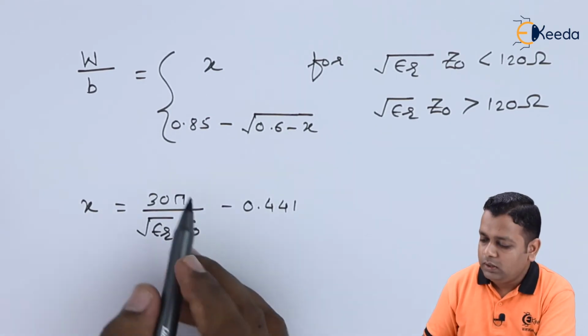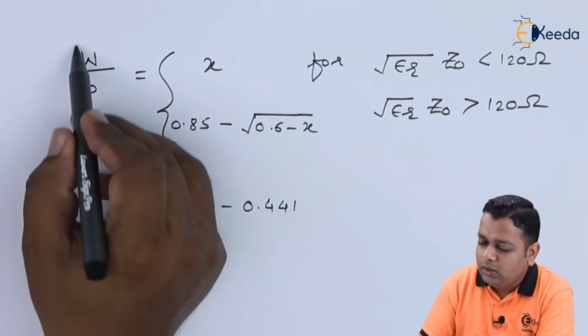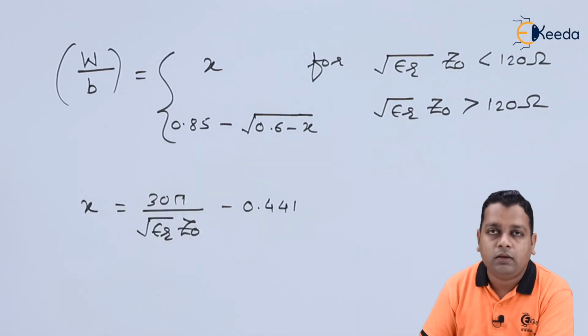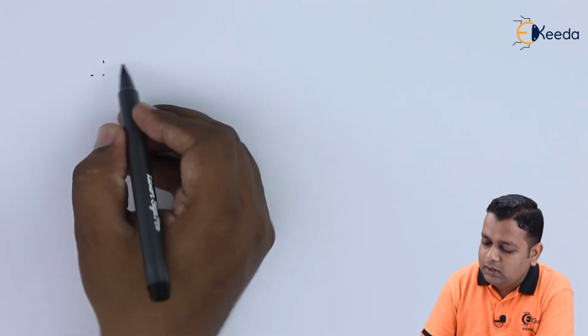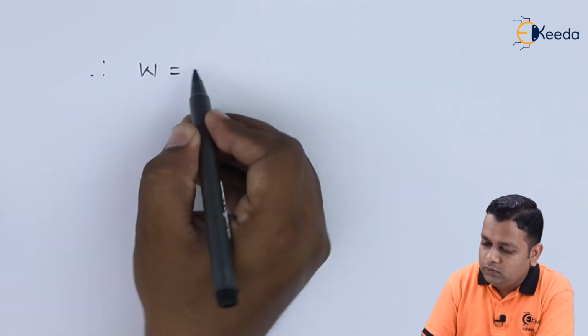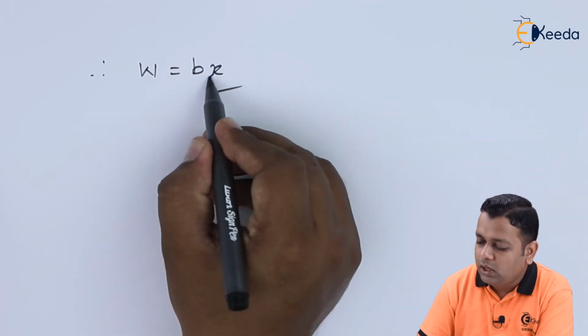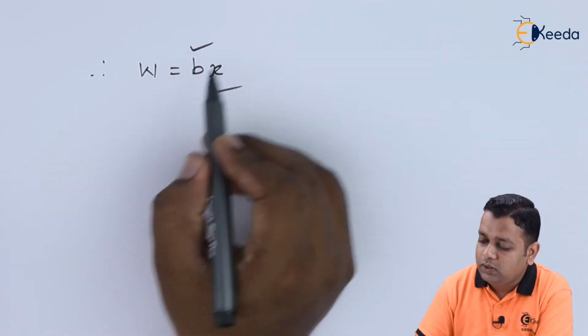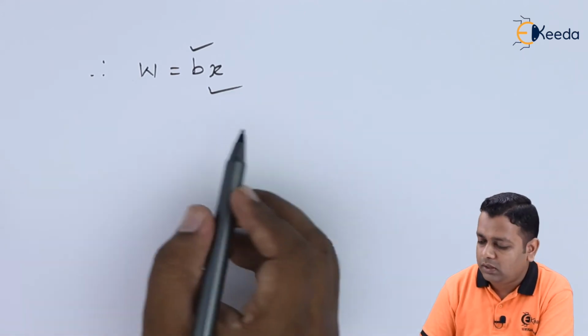Now we have the value of x, and we shall opt for W by B equal to x, and in turn can write W equal to B into x. X we have just calculated, B is given in the problem statement, so the required value of width can be determined.